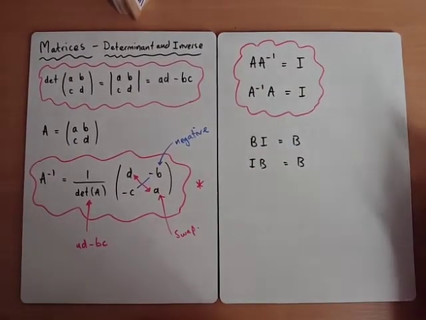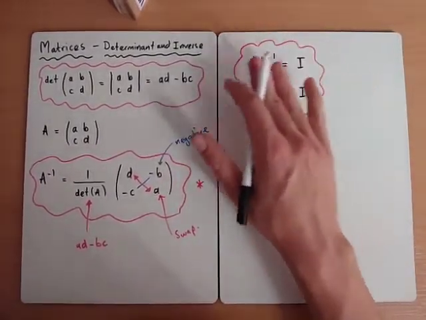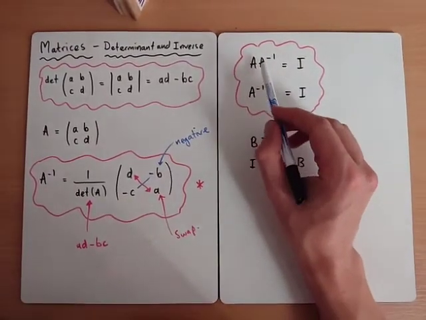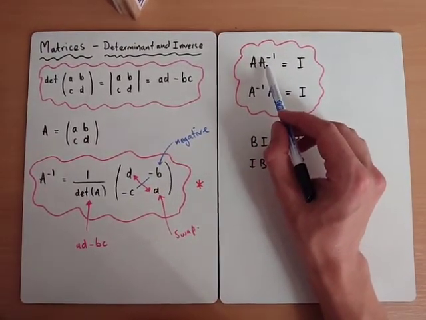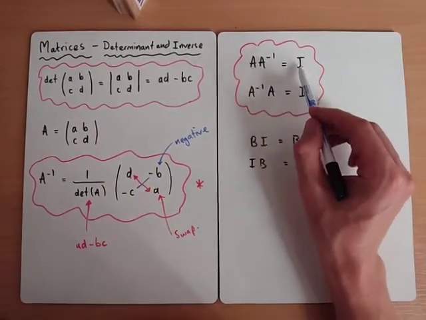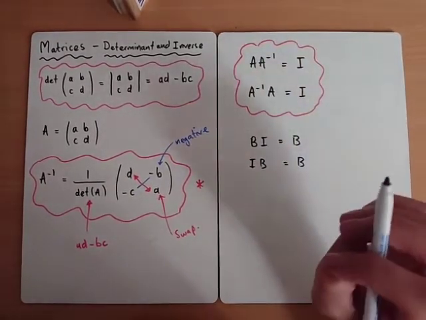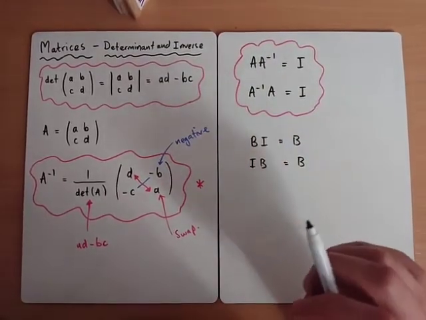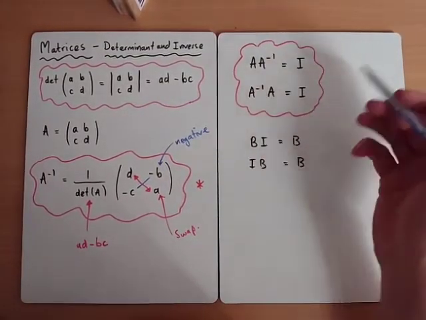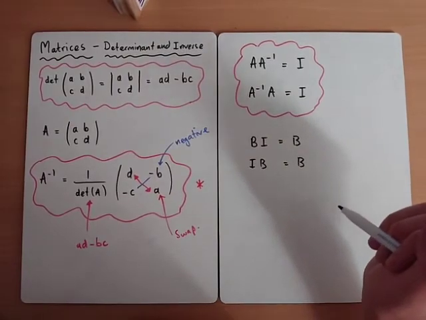That's almost the same as what's going on here. If I multiply by A and the inverse of A, they cancel each other out. It's like multiplying by 2 and then dividing by 2. The inverse operations cancel each other out, so we're left with the identity matrix, which means nothing's changed.